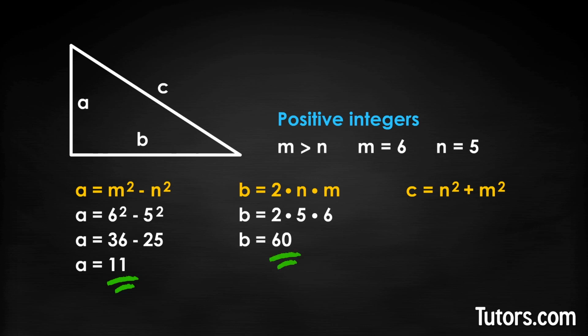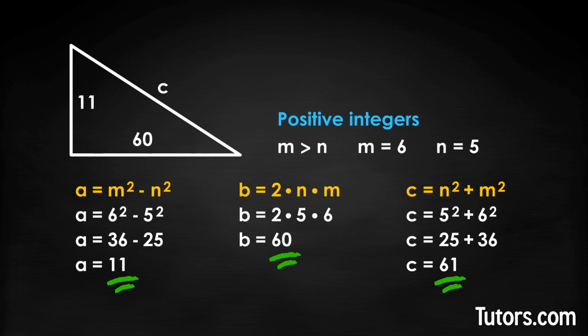And finally, c. Plug into our formula and get c equals 5 squared plus 6 squared. Then we multiply each number times itself, add, and get c equals 61. Our Pythagorean triple is 11, 60, 61. This method catches both primitive and imprimitive Pythagorean triples.